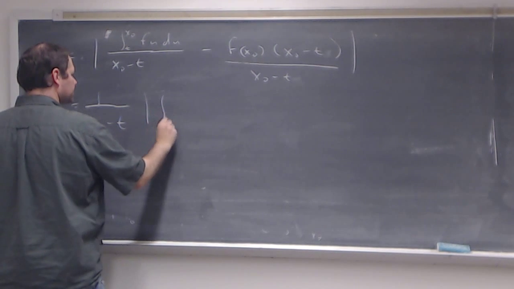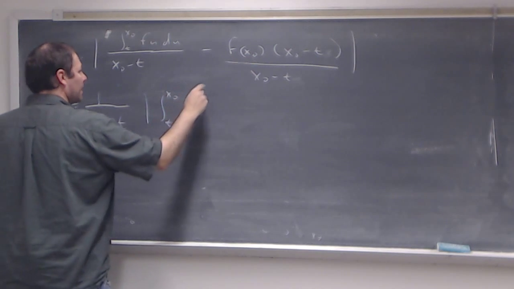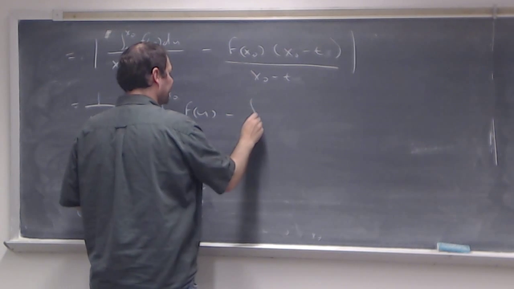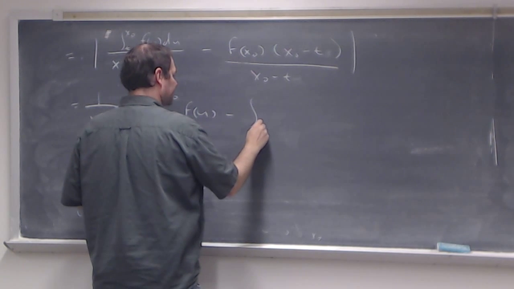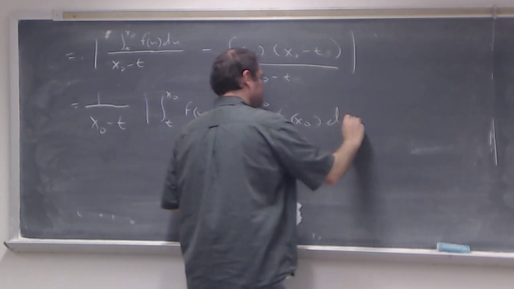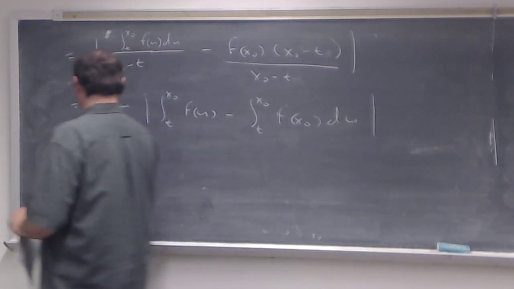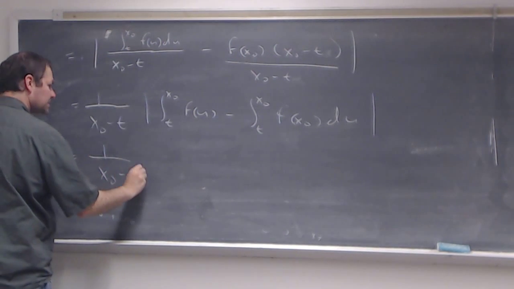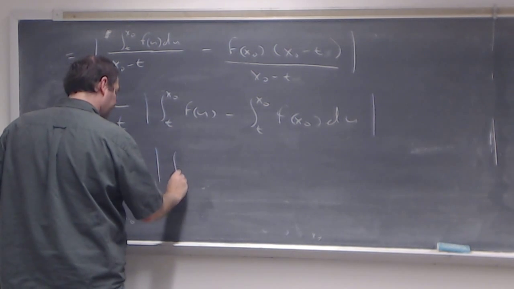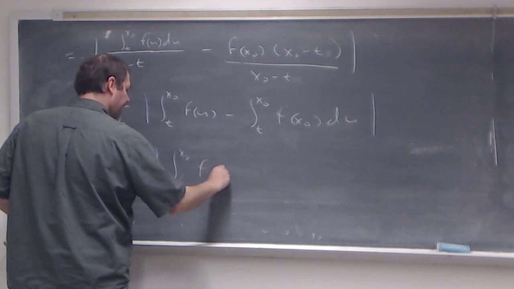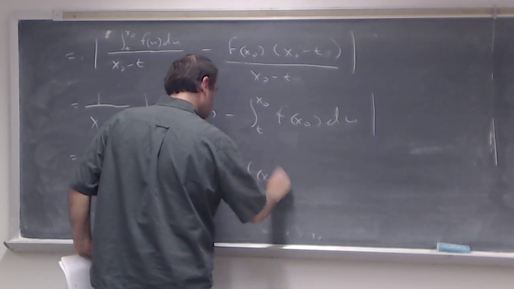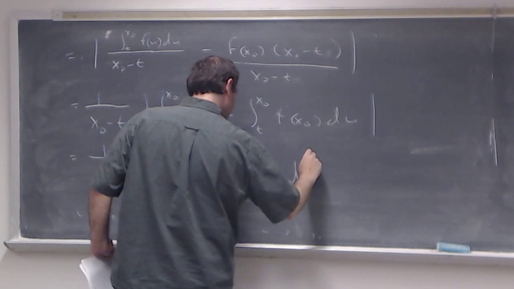Here's an integral from t to x₀ of f(u). And here, this is minus the integral. We've already pulled this part out, but it's from t to x₀ of f(x₀) du, which we can rewrite as 1 over x₀ − t times the integral from t to x₀ of f(u) minus f(x₀) du.